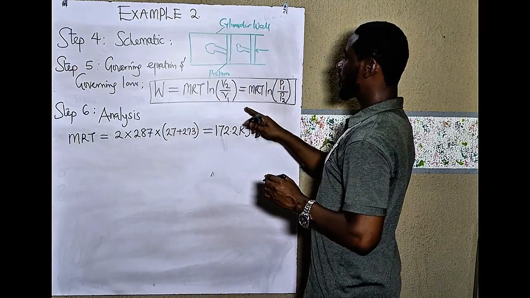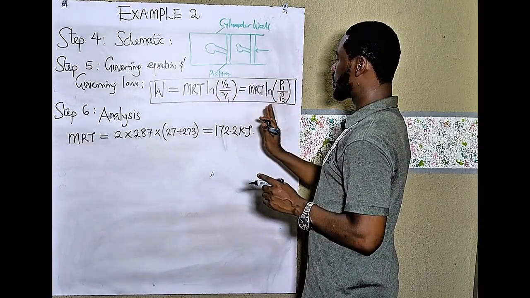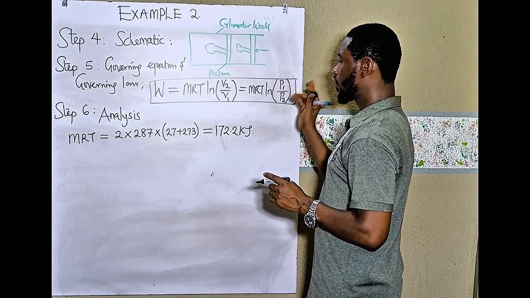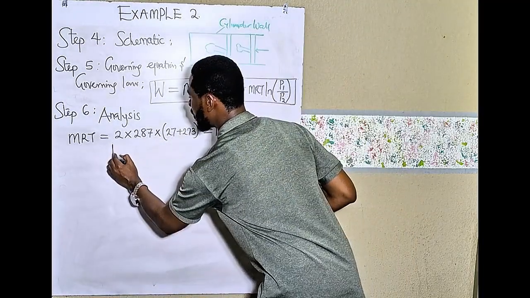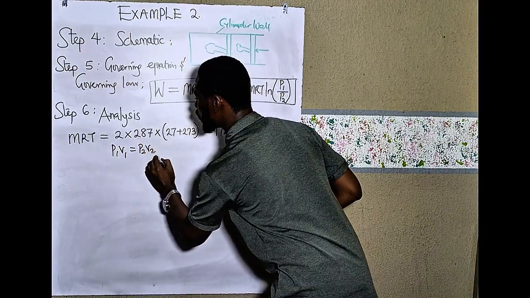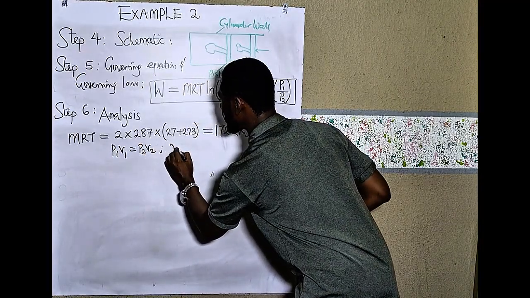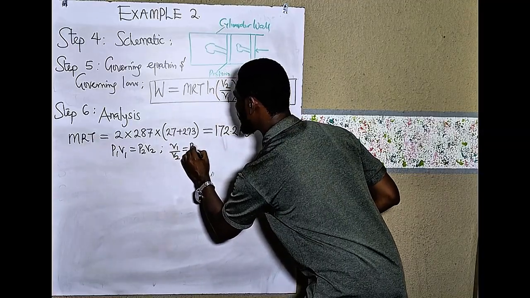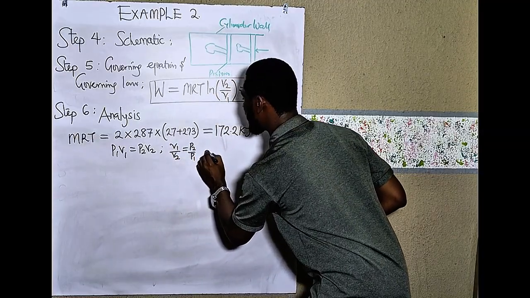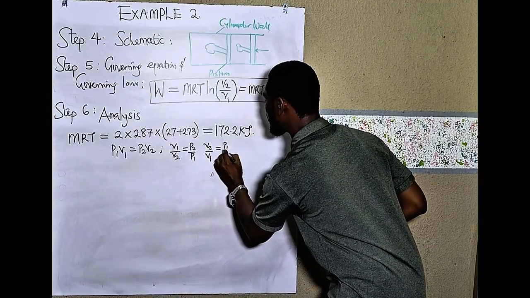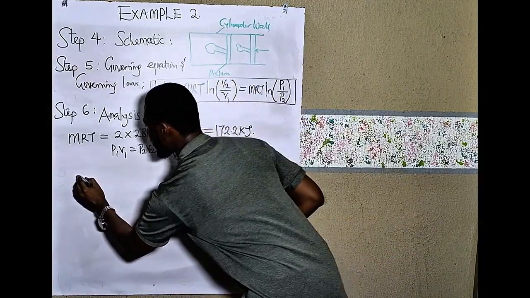The next term is ln V2 over V1. But in this case, we are not given volume. We are given P, following Boyle's law, which states that P1 V1 equals P2 V2. Then V1 over V2 equals P2 over P1. Similarly, V2 over V1 becomes P1 over P2.